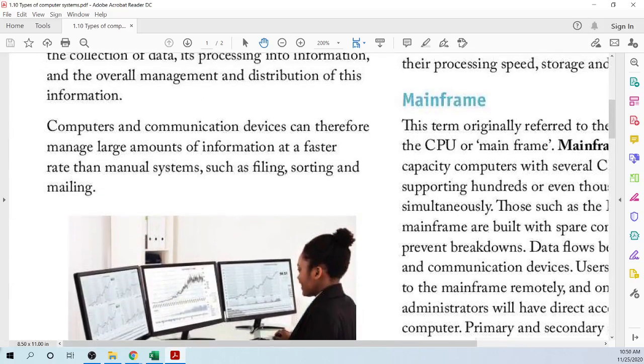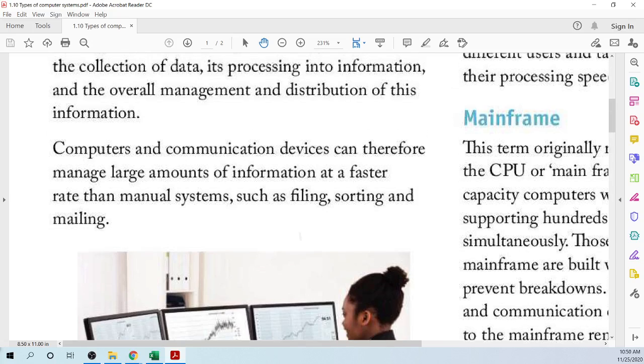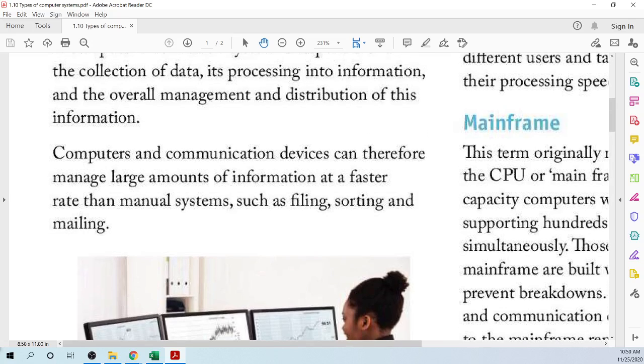You can pause there. So, in today's age, we have tasks that we need to carry out. For example, a clerk that is working in an office would have to prepare documents.